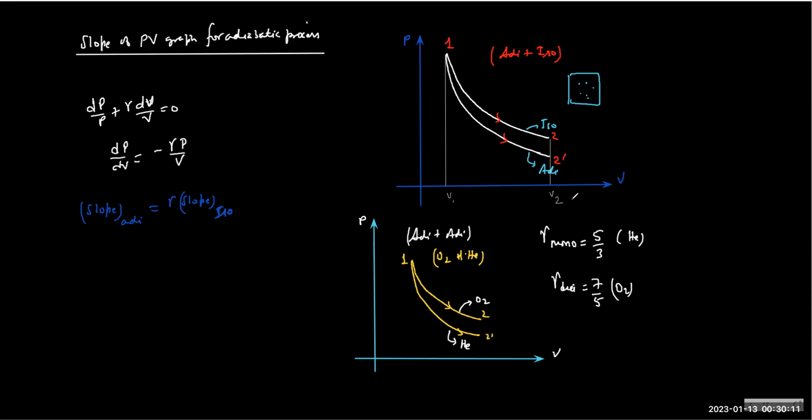In a PV graph, how do we check the work done? On a PV graph, we check the area under the curve. So if you look at the top graph, which process will have more work? ISO, sir.